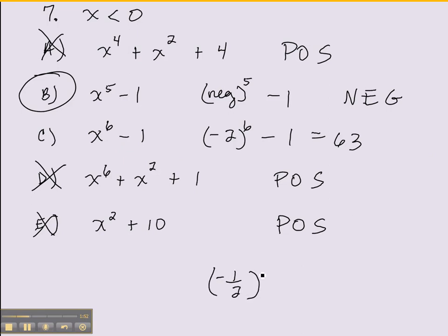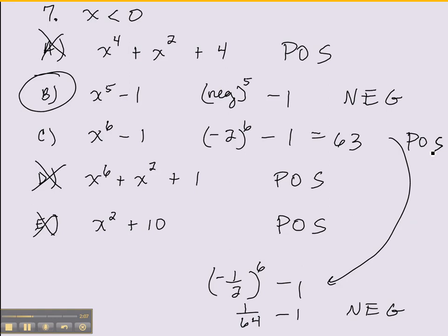This is for choice C again. Well, this would be 1/64 minus 1. That's negative. So it might be negative, might be positive. We don't know which. But since the answer choice requires the expression to always be negative, choice B is the correct answer.